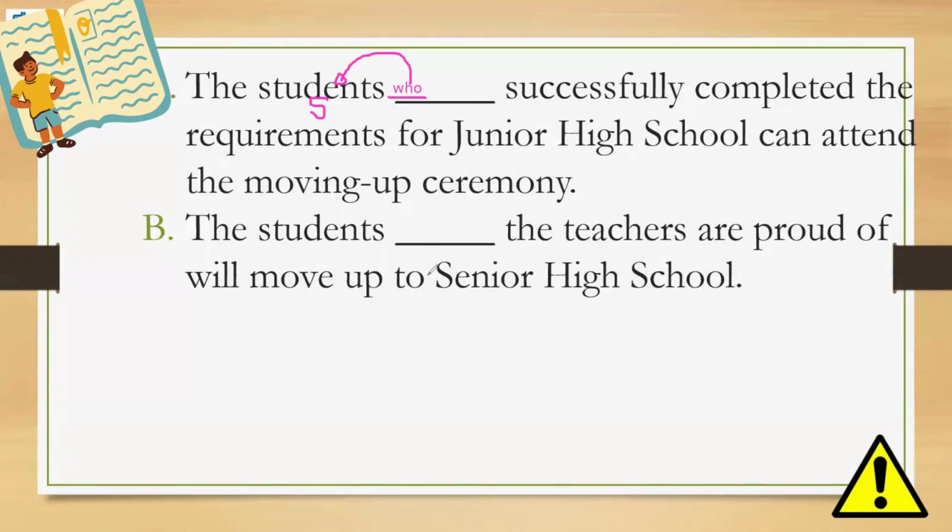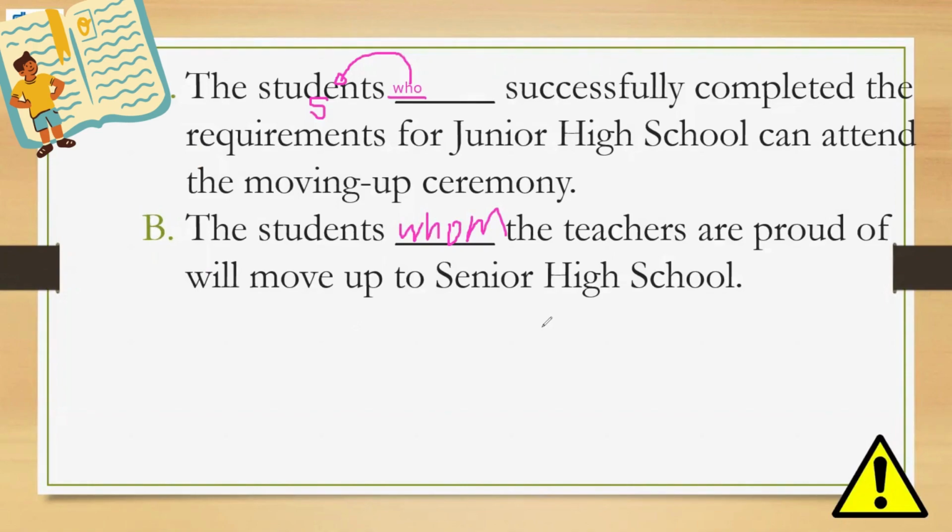Well, for letter B, the students whom the teachers. The correct answer here is whom. Maybe some of you there, your answers are correct. The students whom the teachers are proud of will move up to senior high school. Now, if we try to check, students here functions as a direct object.